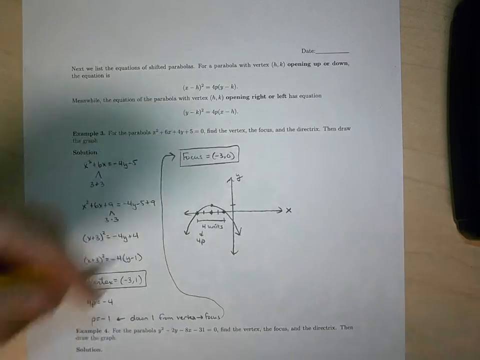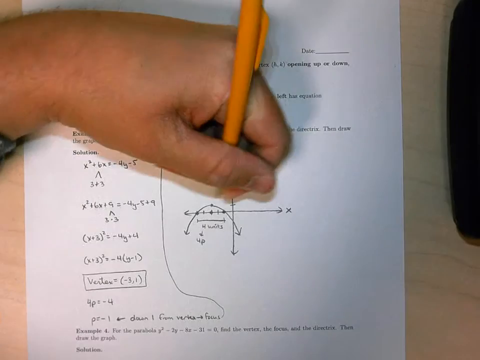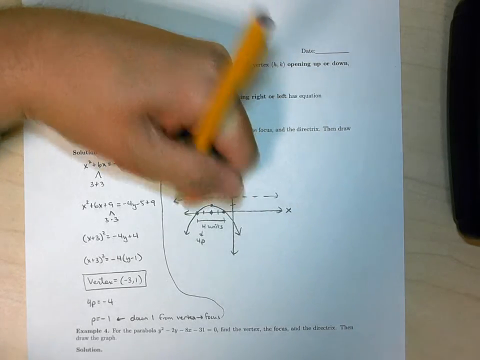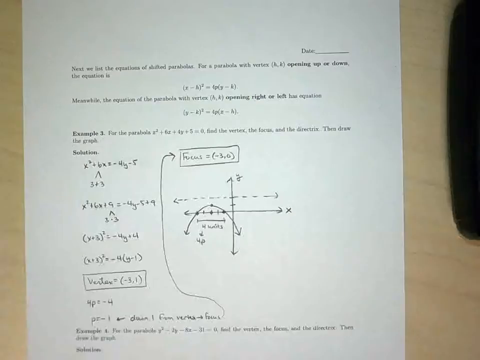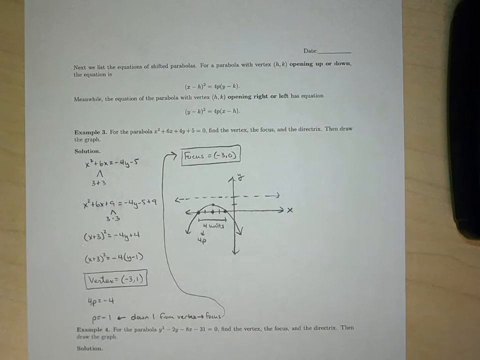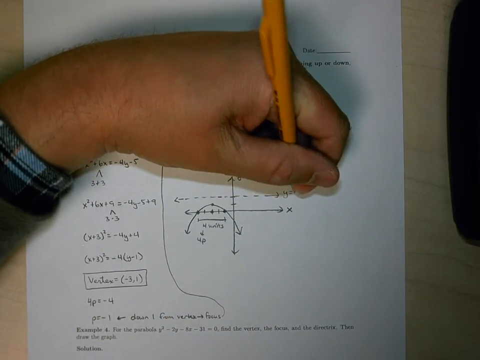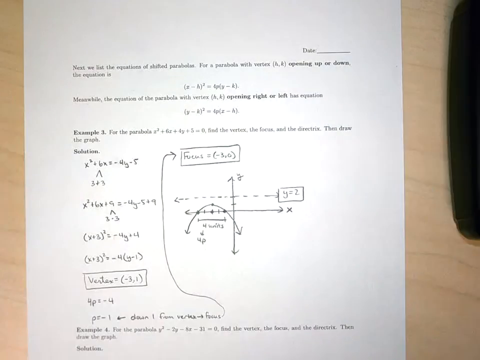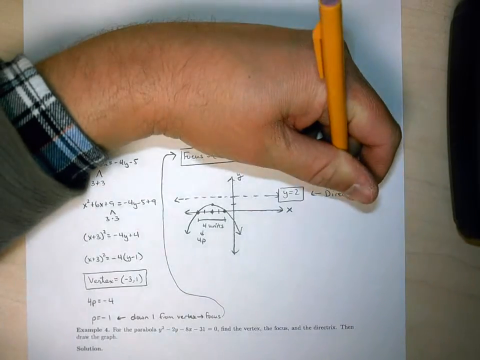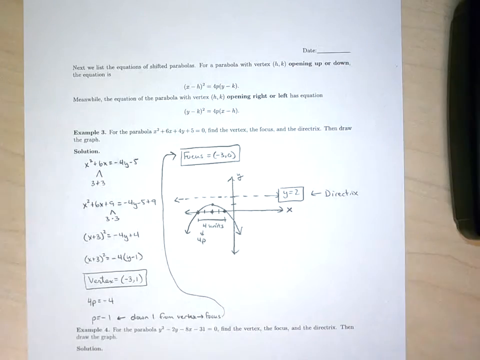So I must be drawing a horizontal line. And I'm drawing it 1 unit above the vertex because the focus is 1 unit below the vertex. So it's a horizontal line passing through y equals 2. So the equation of the directrix is y equals 2. And I believe we found everything now.